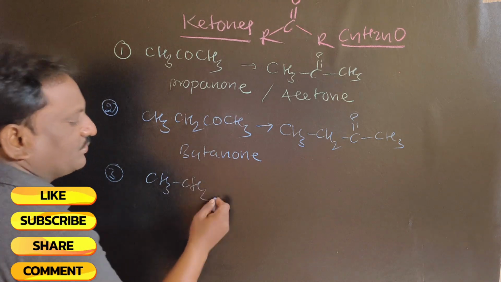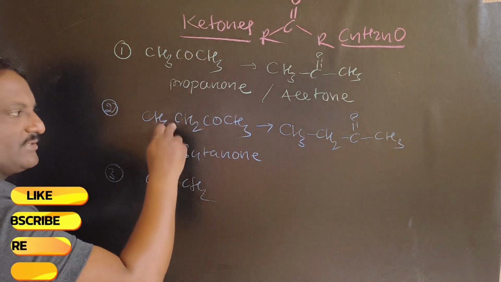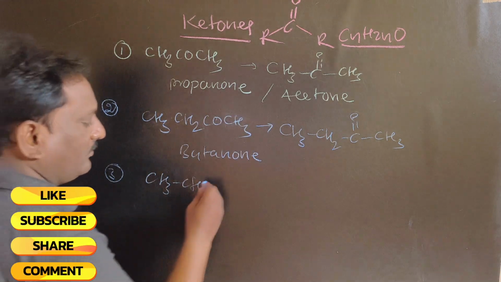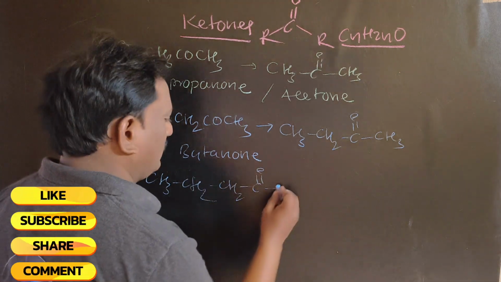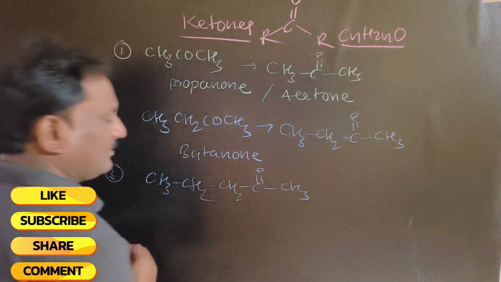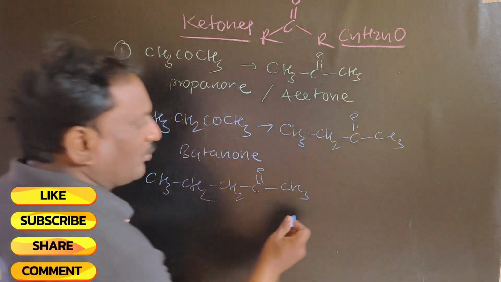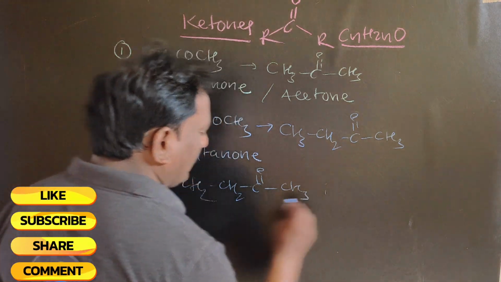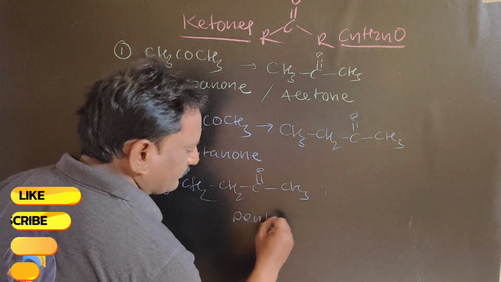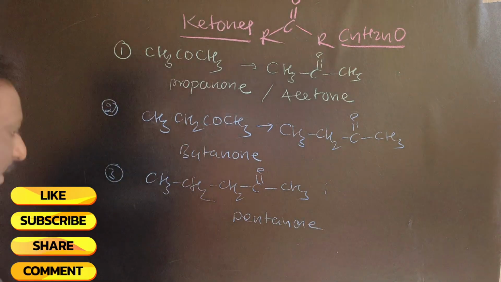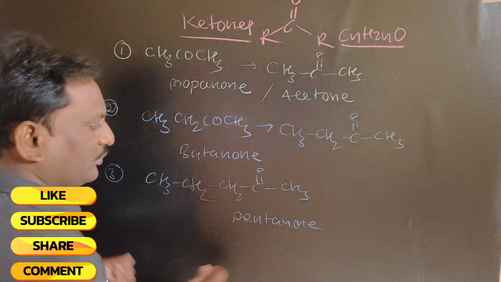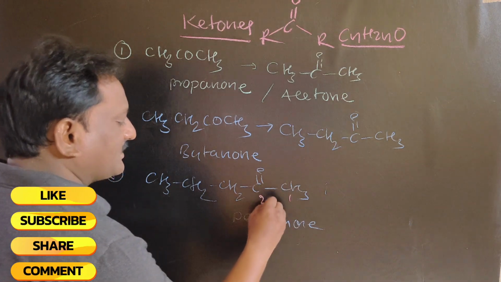CH3, CH2, CH2, C double bond O, CH3. You can add CH2 from this side or this side, that's up to you, not a problem. This is pentanone, especially 2-pentanone, because the keto group is present at the second carbon.